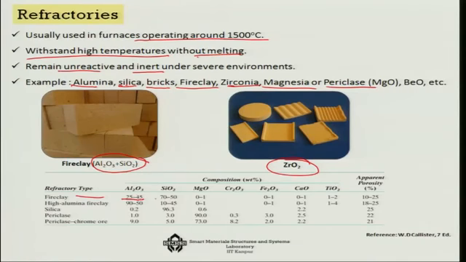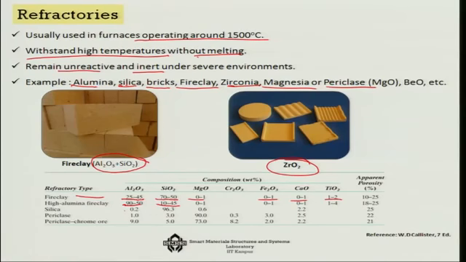More importantly, of course, silica is also there. In fact, silica is higher than alumina, and then magnesium oxide, a little bit of iron oxide, calcium oxide and titanium dioxide. If you look at the high alumina fire clay, 90% is alumina, then 10 to 45 the silica may vary. Again, a little bit of magnesium oxide, iron oxide and calcium oxide.